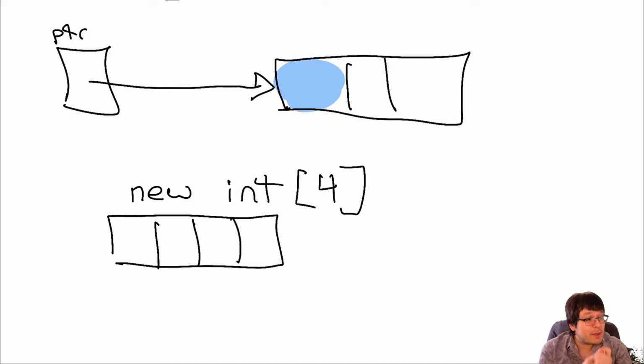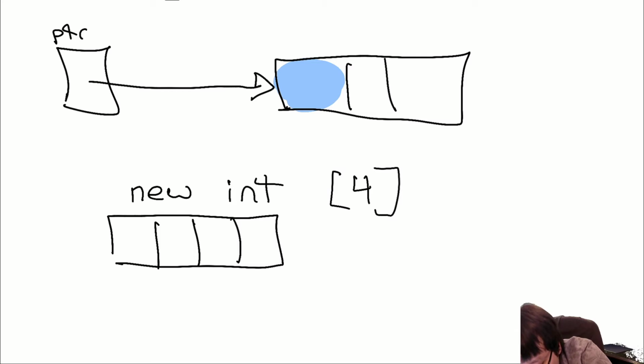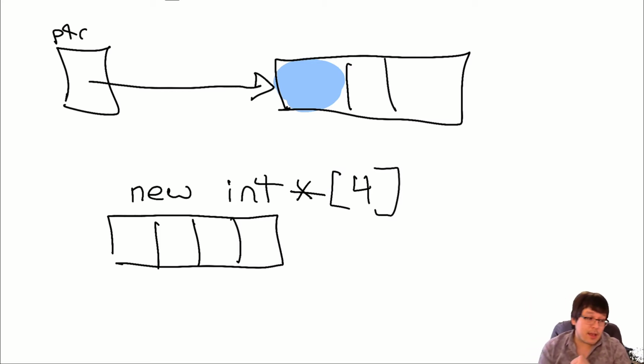The array has to be made up of pointers themselves, not actual values. That means we need to change this from being just an integer array to being an array of pointers. And we do that by putting the asterisk right there. That tells me that this is no ordinary integer array. It is a pointer array. What kind of pointer? Integer pointer.